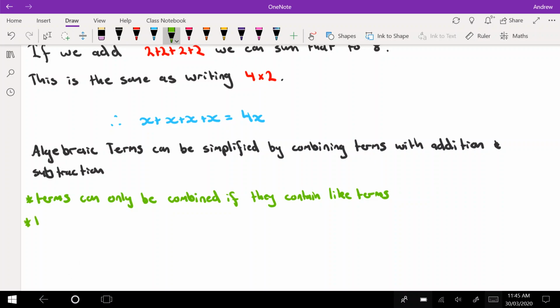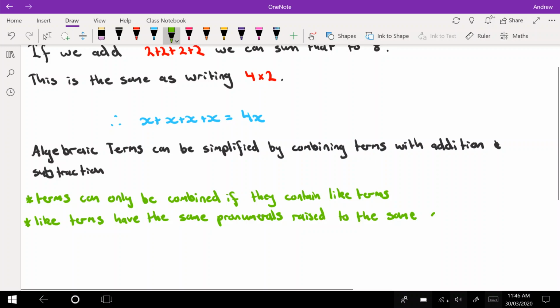Like terms have the same pronumerals, and they are raised to the same power.